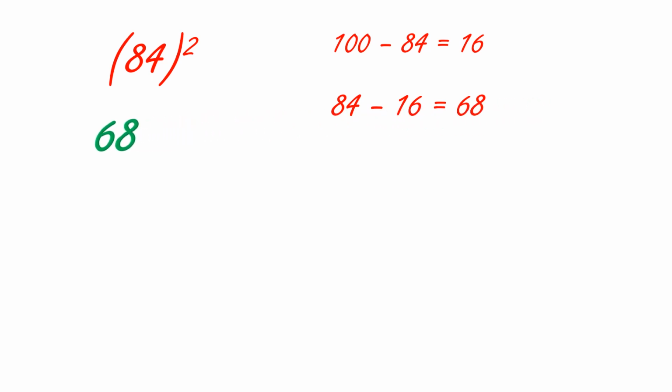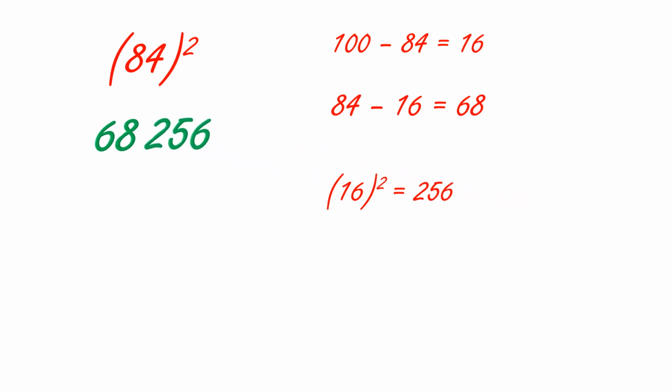Now the third step talks about the square of the difference. The difference over here is 16. 16 square is 256. And step 3 says that we have to square the difference and write it in 2 digits. Now this 256 is of 3 digits.